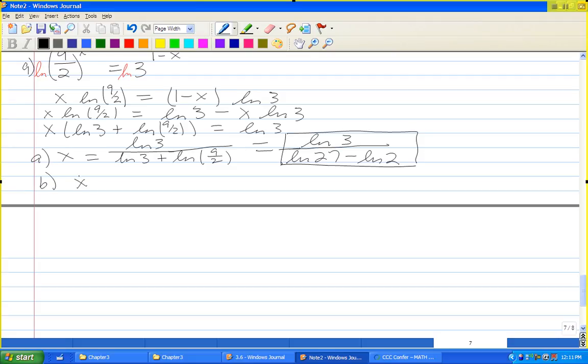B says express in decimal. Okay, let's see if I can do this. Let's find the decimal.